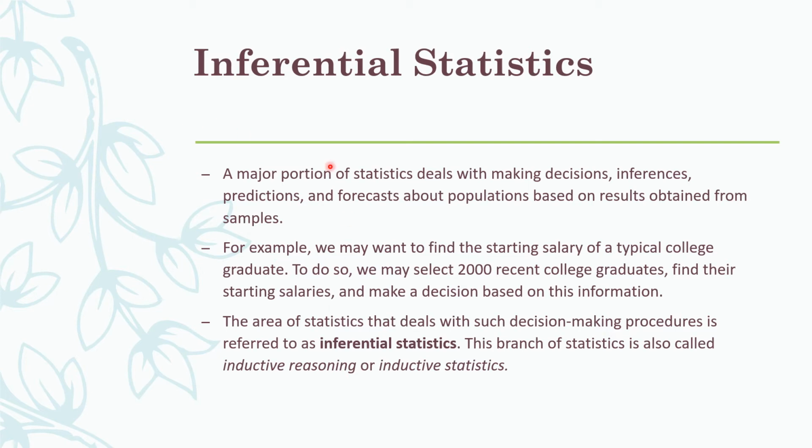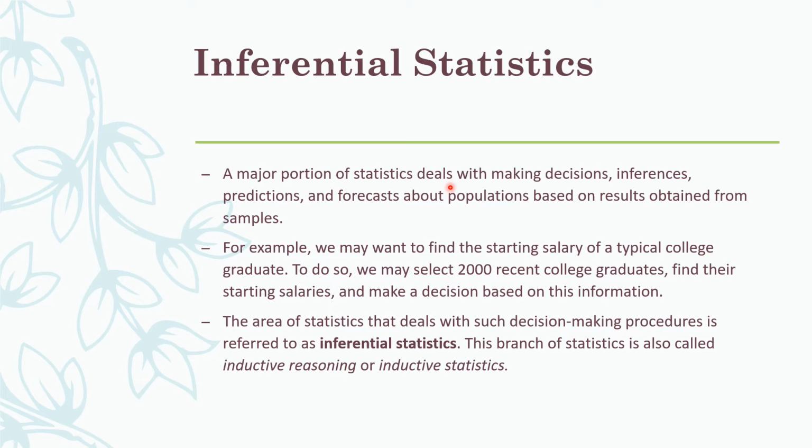Now, a major part of what we do in statistics is making decisions, making inferences, making predictions and forecasts about populations based on results obtained from a sample, because a number of times we just do not have either the time or the resources, or we just don't have access. We don't know the entire population. We don't have access to the entire population.